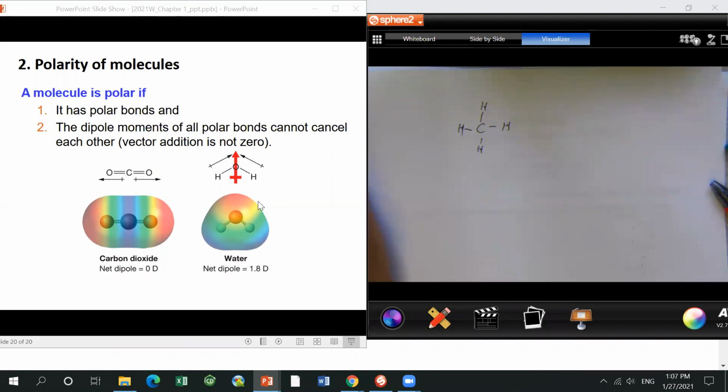Another example is water. Water has a bent structure, as we learned in the previous lecture, with a bond angle of about 105 degrees. There are two O-H bonds, both polar, and these two polar bonds cannot cancel out each other because they have a certain angle.